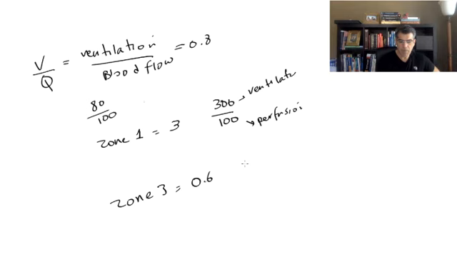That means my ventilation is, let's say, 60 and my perfusion is 100. That means my perfusion is better than my ventilation. So on average, in the total lung it is about 0.8, but it doesn't mean everywhere is 0.8. In zone 1, toward the apex, you have better ventilation. In zone 3, we have better perfusion, but not very good ventilation.